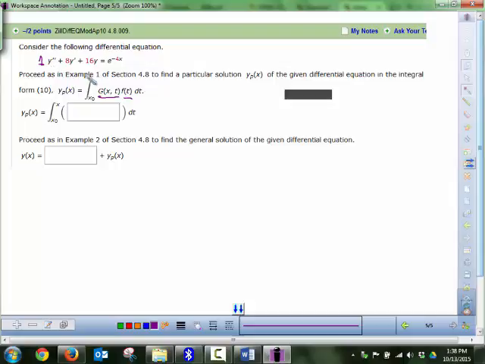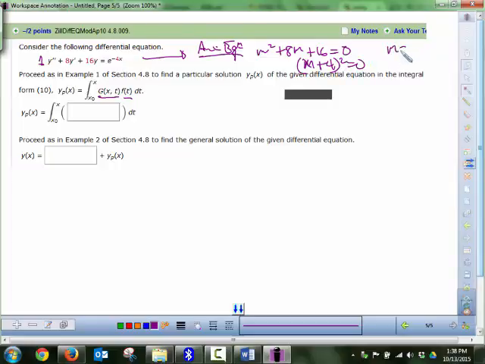So what we need to do is find our auxiliary equation. This is not a Cauchy-Euler, so it's a little bit easier. m squared plus 8m plus 16 is equal to 0. So m plus 4 quantity squared equals 0.